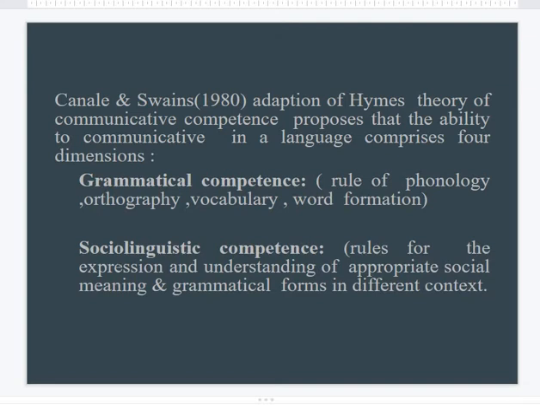And the second dimension is sociolinguistic competence. As the name indicates, it means language competencies keeping in mind the social context. It includes rules for the expression and understanding of appropriate social meaning and grammatical forms in different contexts.